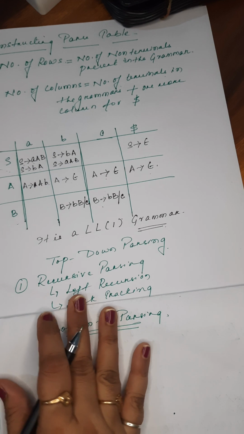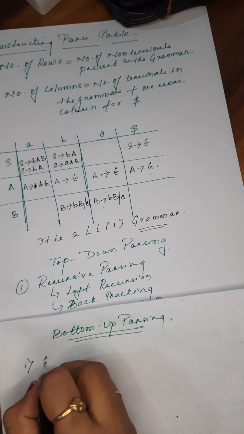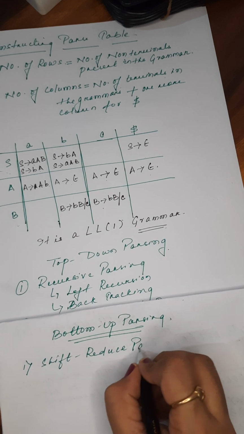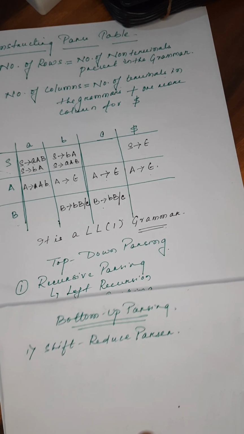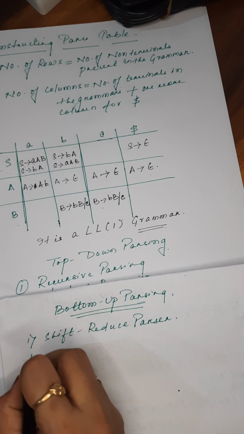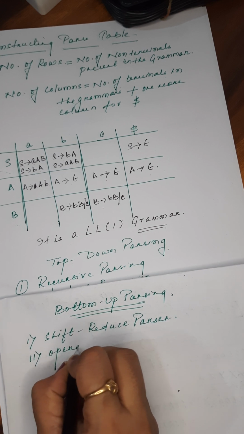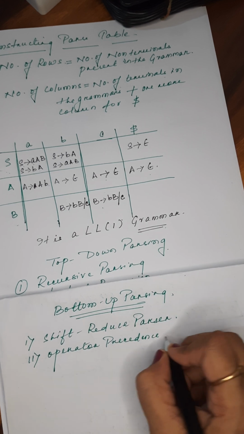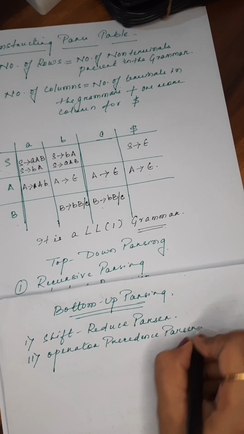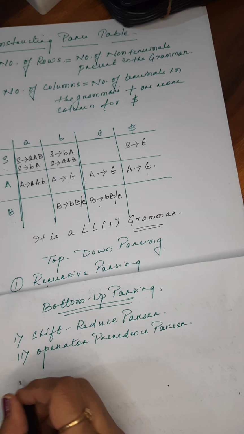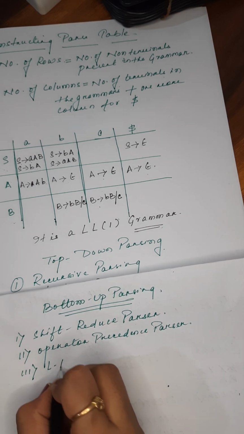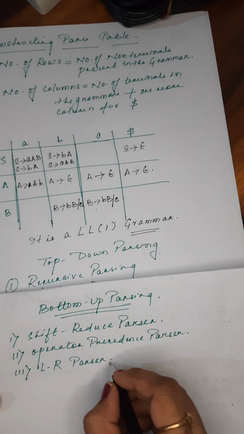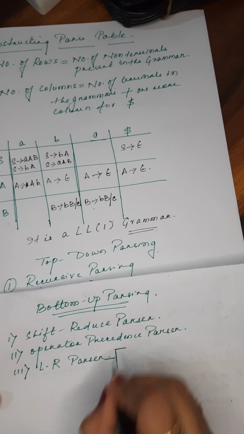In bottom up parsing we have to study first, number 1, shift reduce parser. Number 2, operator precedence parser. Then number 3, LR parser. Under LR parser we will study three types of parsing.